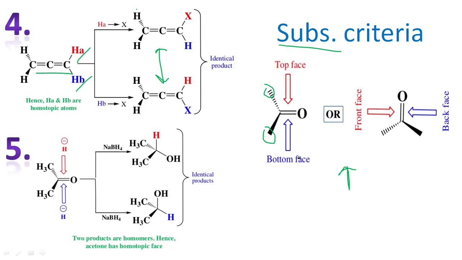Okay, this is how we see. So when you substitute from, say, the top face, the hydrogen in red, we get a product like this. Actually this is an addition reaction, and from the bottom face, we get another product. So these are basically the same. These are not stereoisomers, the product is the same, so these are homotopic faces.